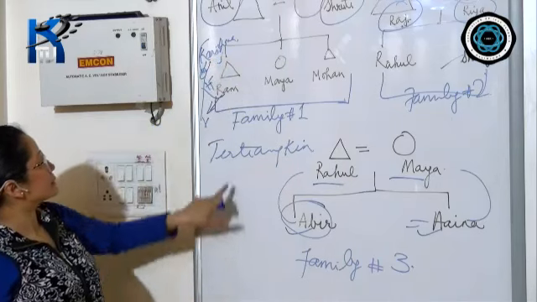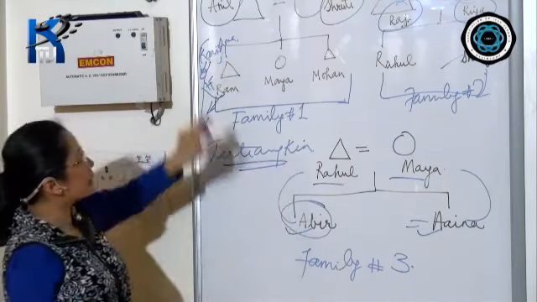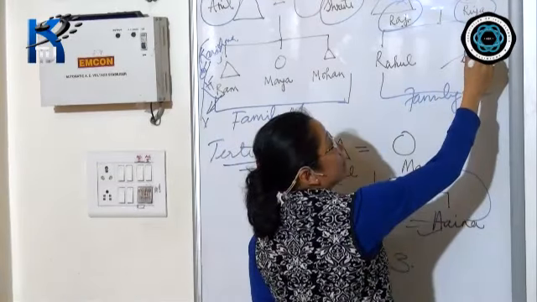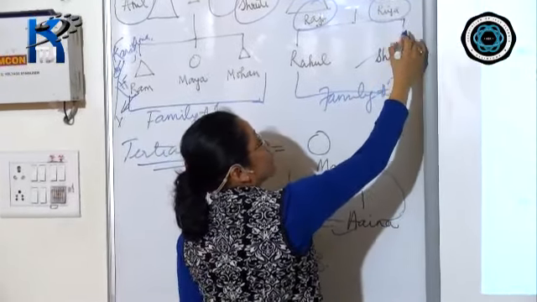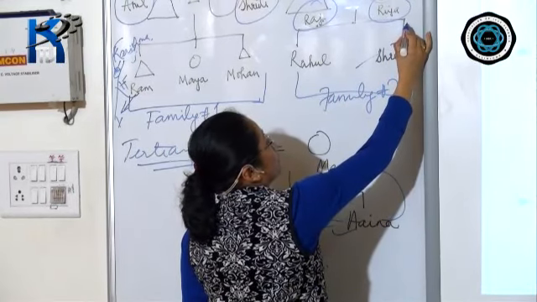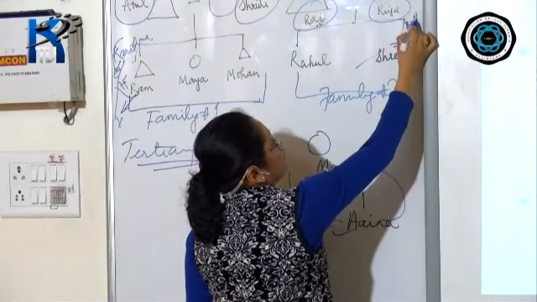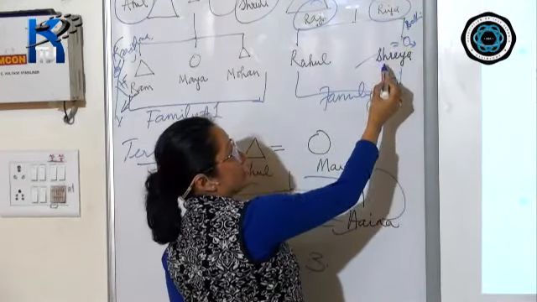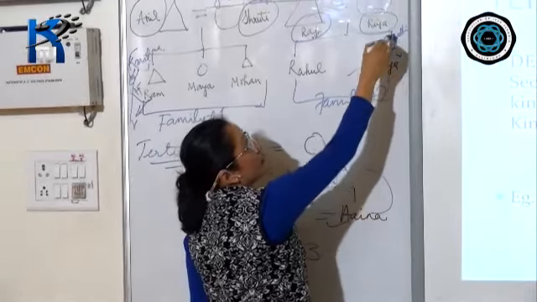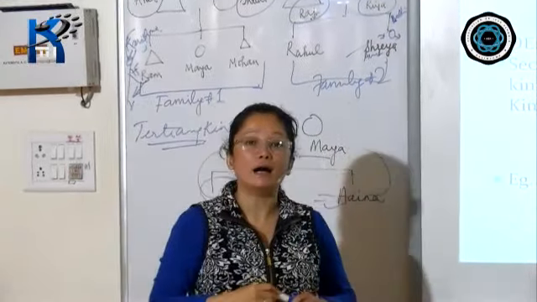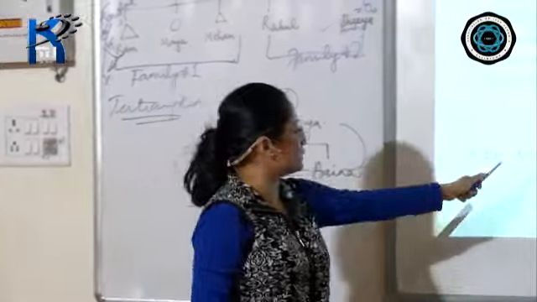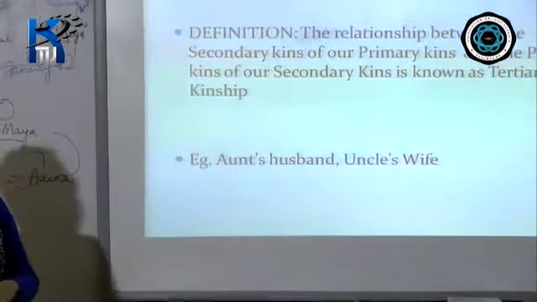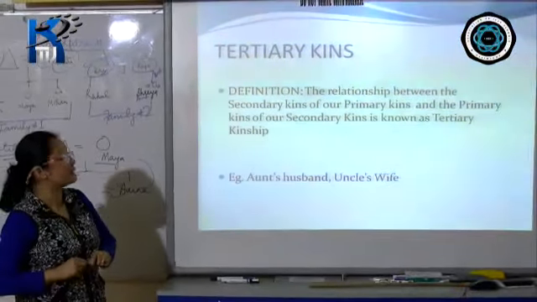So here what happens is that your auntie will be considered as a tertiary kin. Here if Shreya gets married, all right, she gets married to, let's say, Sudhir. Then Sudhir is the uncle, Shreya is the aunt. So the uncle will be aunt's husband. That's why I have written here, aunt's husband. Uncle's wife will be considered as the tertiary kin.